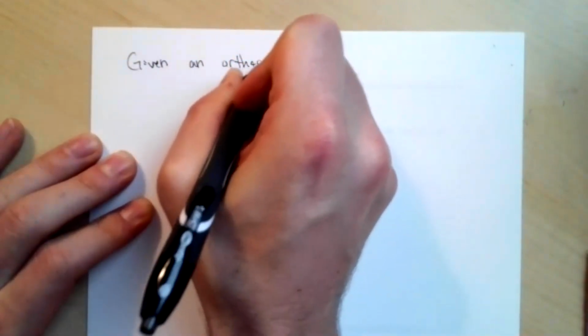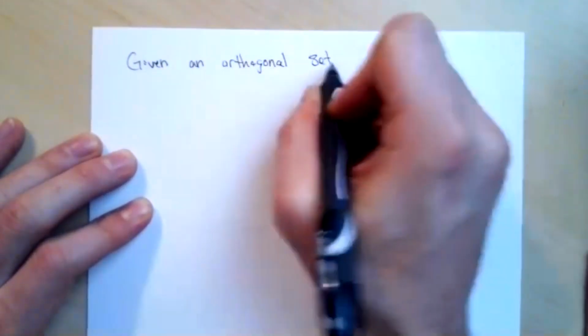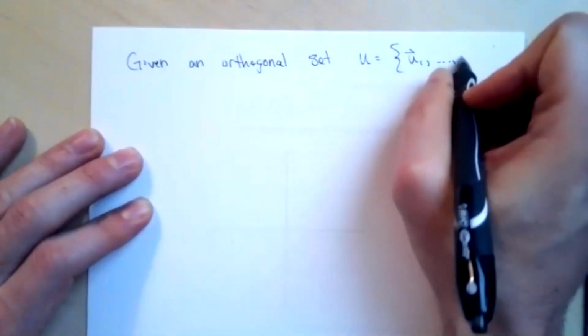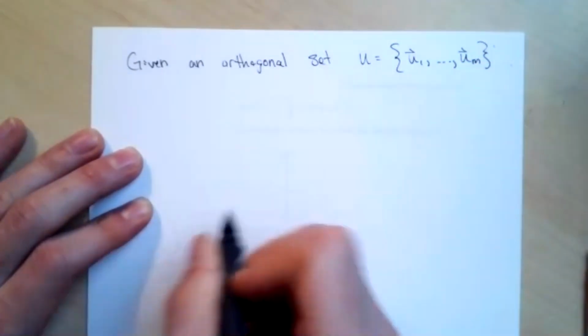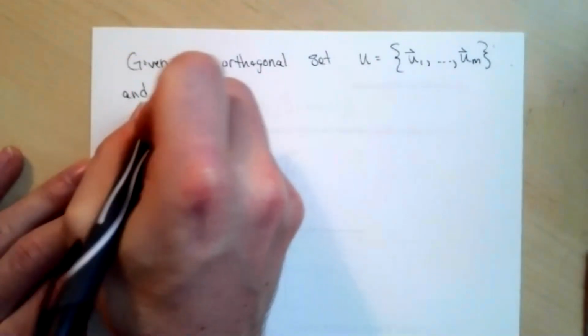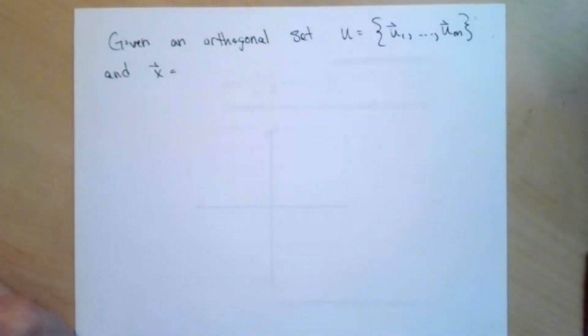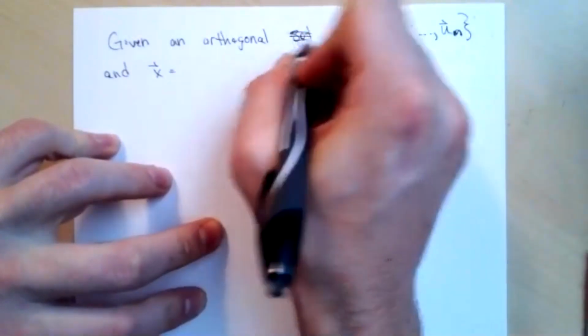So this gives us our formula for Fourier expansion. Let's make two definitions.